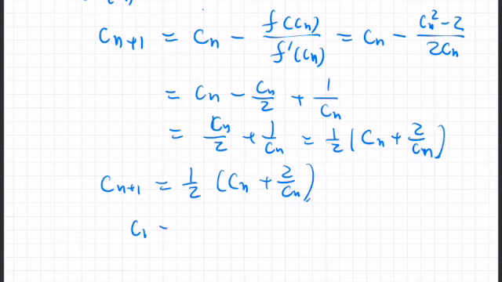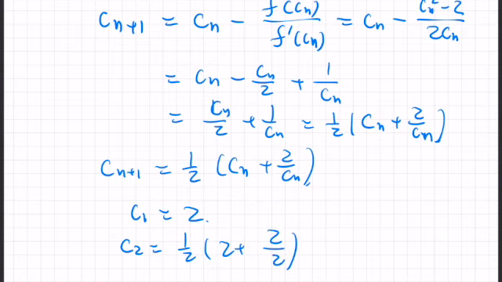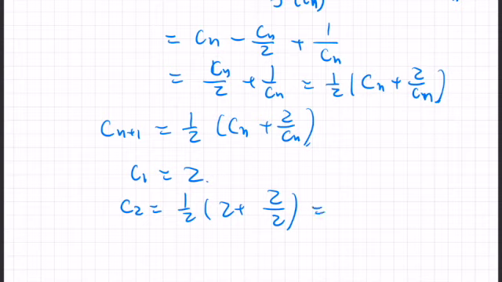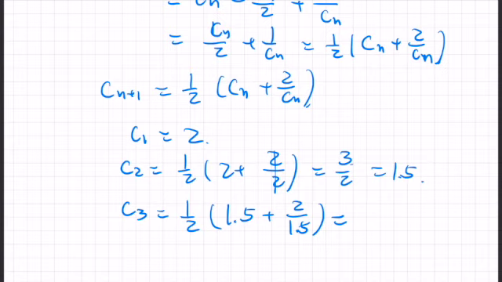So let's put C1 equals 2. Then C2 will be one half of 2 plus 2 over 2, that is 1.5. And C3 is one half of 1.5 plus 2 over 1.5.